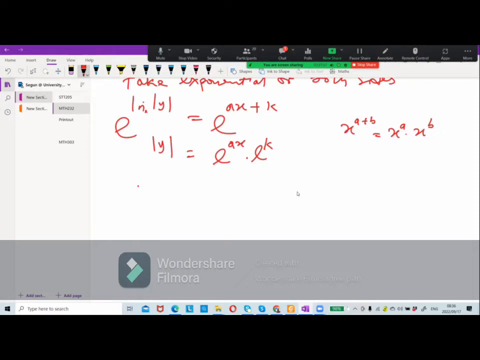Then this absolute value of y is either positive or negative. We always go for the positive aspect.